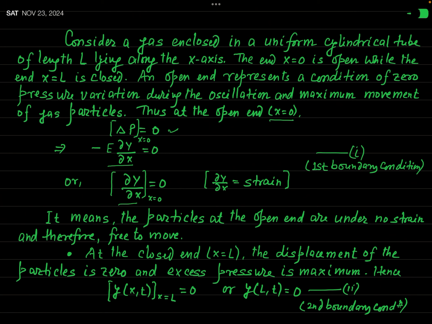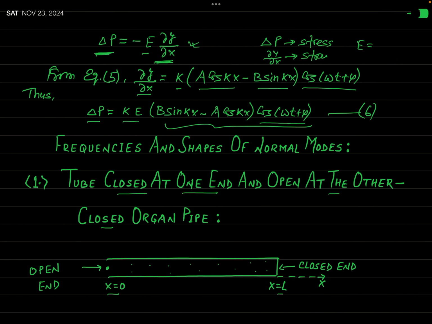Now let us think about the closed end. When you talk about the closed end of the tube, this is the place of zero movement or zero displacement of the particles of the gas. In other words, you can also say that this is the position where pressure variation will be maximum.